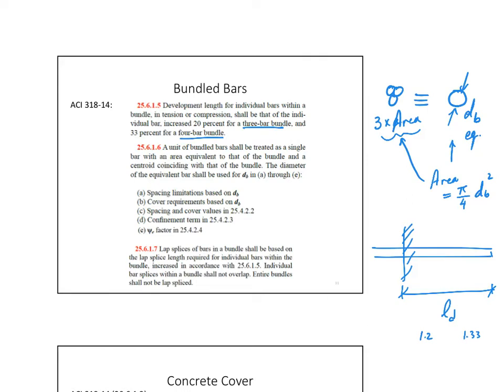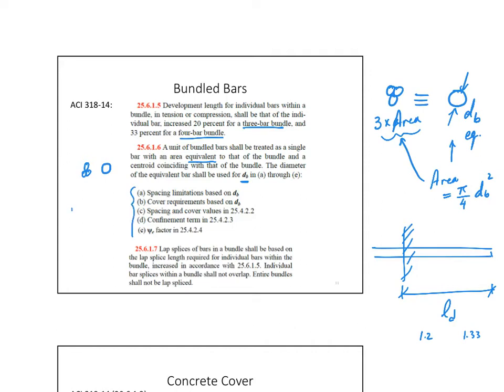Okay? The next part says that a unit of bundled bars, those guys together, will be treated with an equivalent bar, an area equivalent to the bundle, and a centroid coinciding with that of the bundle. The diameter of the equivalent bar, call it dB, will be used in these things. What are those things?